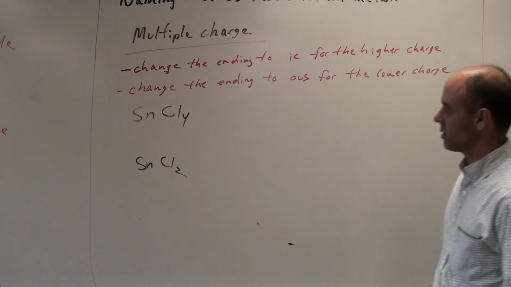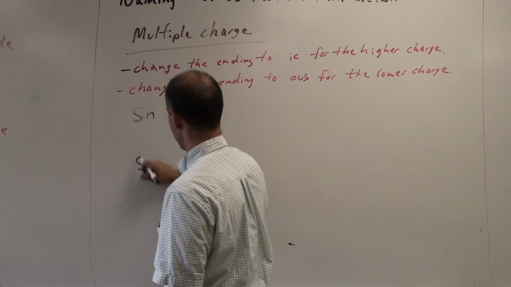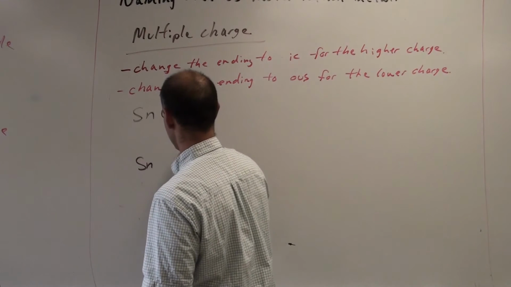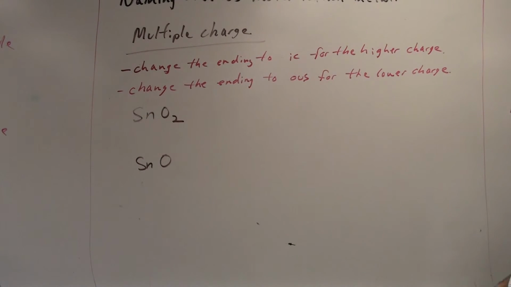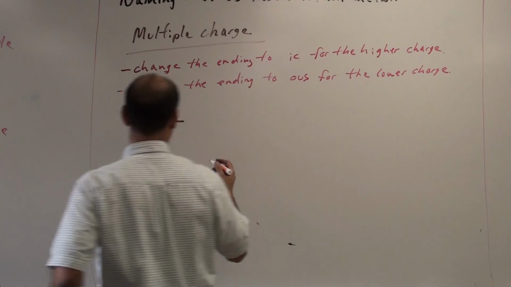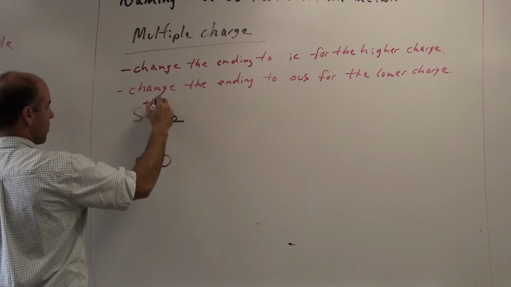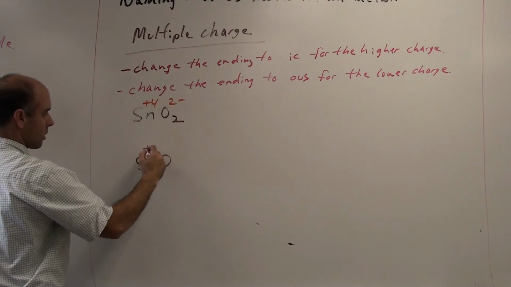Suppose you had, oh, let's do this. Let's not do chlorine. Do something different. So this one, the tin is going to be a +4. Here the tin is going to be a +2.